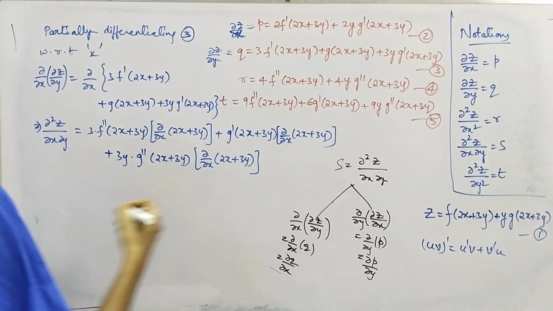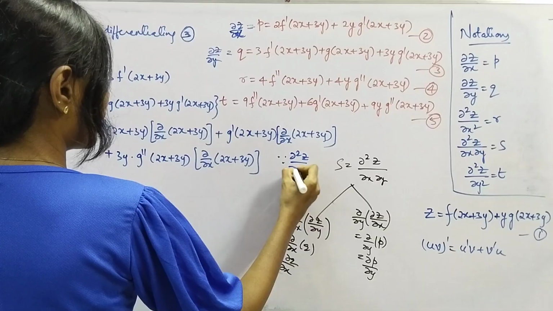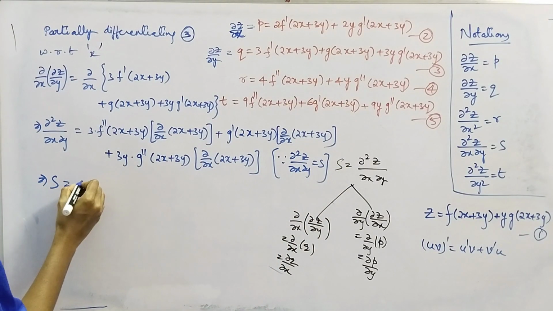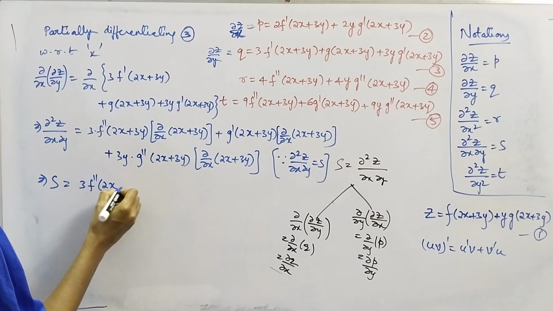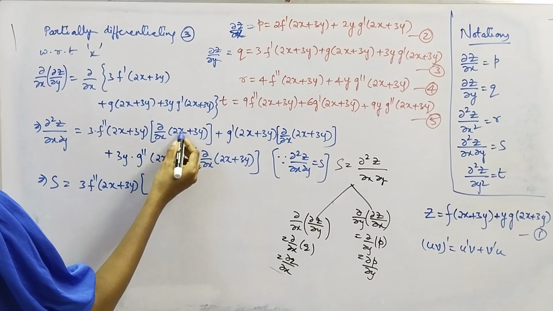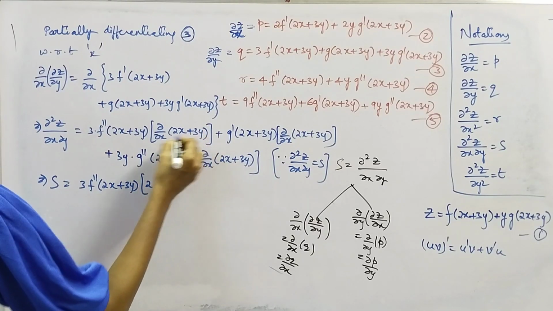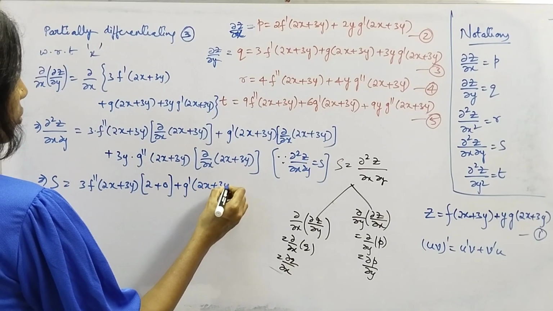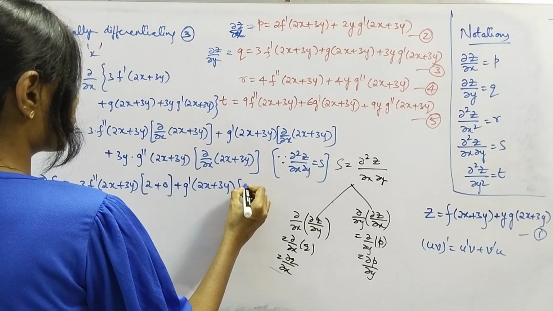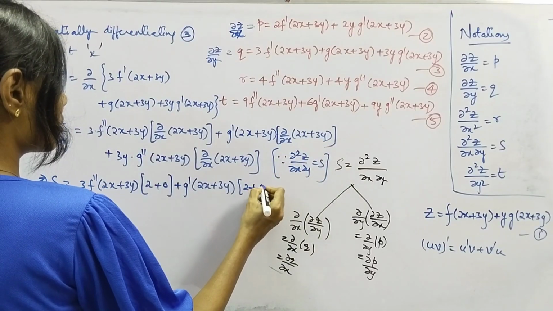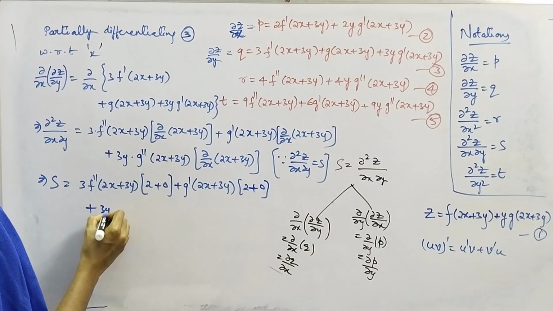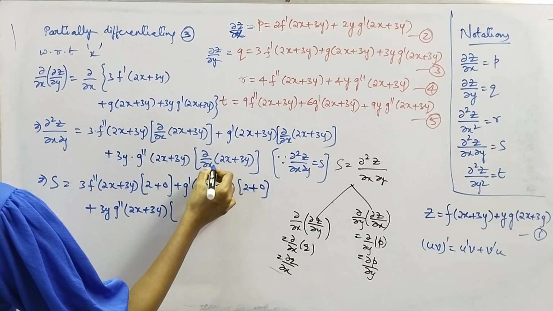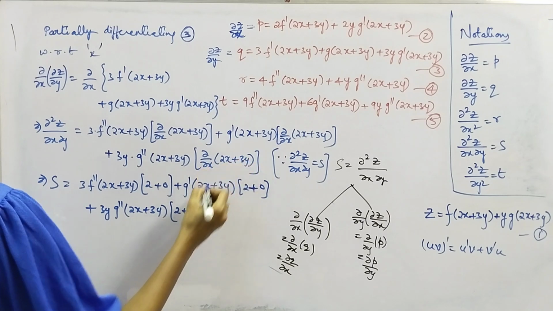right. Since dou square z by dou x dou y equal to s, replace the LHS by the notation s, you'll get s equal to 3 into f double dash of 2x plus 3y into partial derivative of 2x with respect to x is 2 plus partial derivative of 3y with respect to x is 0 plus g dash of 2x plus 3y into partial derivative of 2x with respect to x is 2 plus partial derivative of 3y with respect to x is 0 plus 3y into g double dash of 2x plus 3y into partial derivative of 2x with respect to x is 2 plus partial derivative of 3y with respect to x is 0.